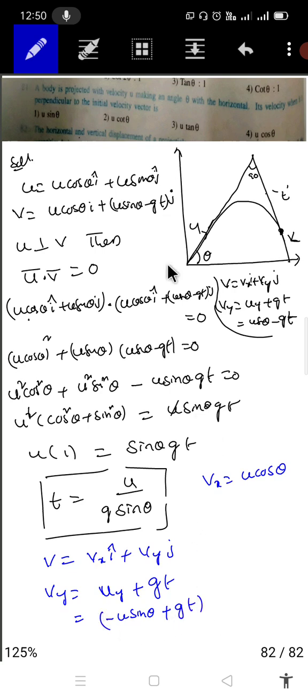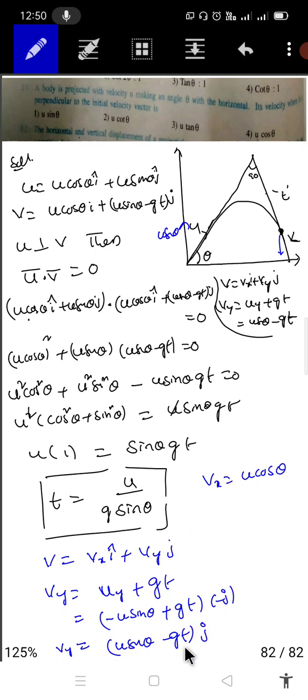Because while going in the upward direction u sin theta is positive, while going in the downward direction u sin theta is negative, because the negative y is multiplied by t into minus j cap. That's why we are going to find this one. Vy is equal to u sin theta minus gt into j cap.